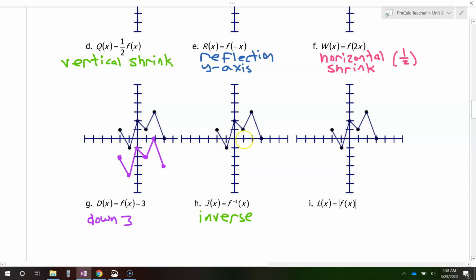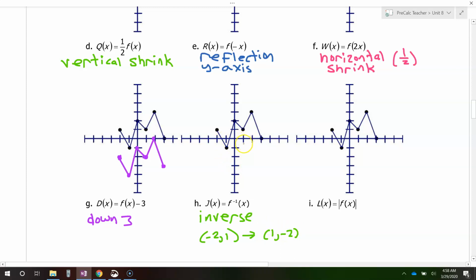I'm going to do it in my head, but I'm going to show you one point as an example. For this first point right here, this is the point -2, 1. So the point -2, 1 is going to become the point 1, -2.